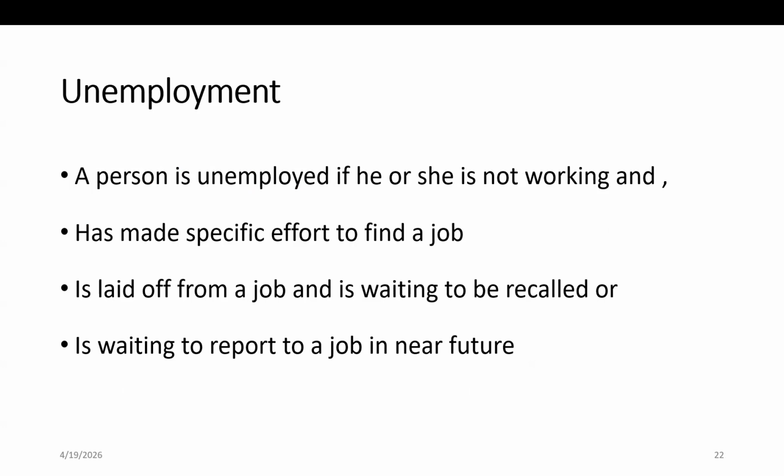A person is unemployed if he or she is not working and has made efforts to find a job. That means they have sent CVs, gone for interviews, and informed their friends and family to let them know if there's a suitable vacancy. Also, a person laid off from a job and waiting to be recalled.